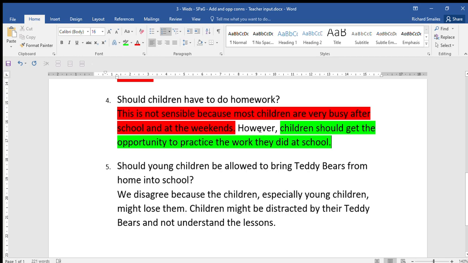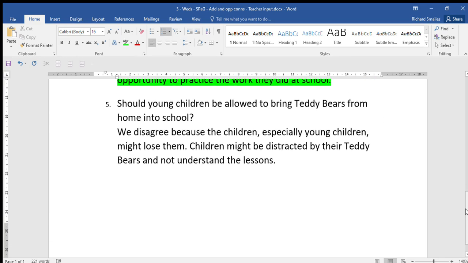So you need an opposition connective because they're in different colours. The first thing you've got to do is think, which colour would the sentence be? Does the sentence agree, in which case it will be in green, or does it disagree, in which case it would be in red?